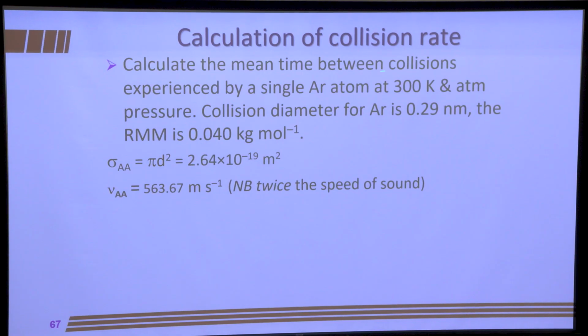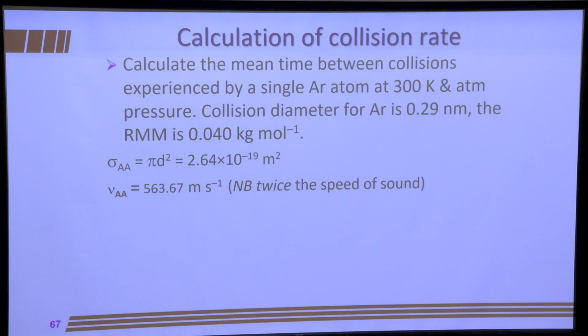Calculate the mean time between collisions experienced by a single argon atom at 300 Kelvin and atmospheric pressure. The collision diameter for argon is 0.29 nanometers, and the relative molecular mass is 0.04 kilograms per mole.